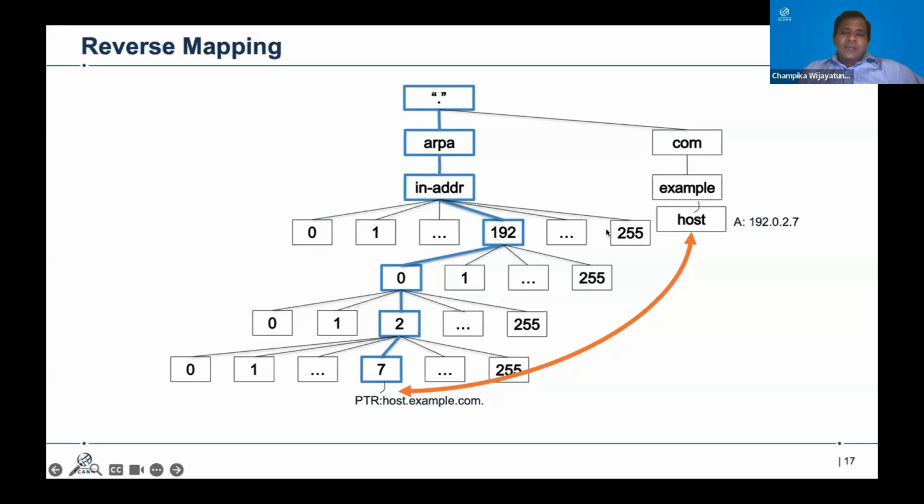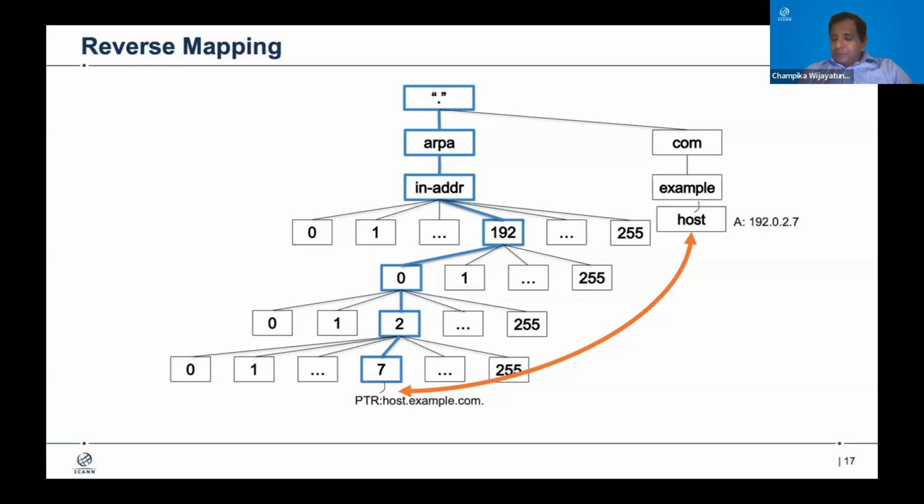These blocks are managed by APNIC, and then you are given a smaller block inside that. So you will have to create the pointer records for the IP addresses that you're using in your block, right? So this is something very important for the ISPs and mobile operators.